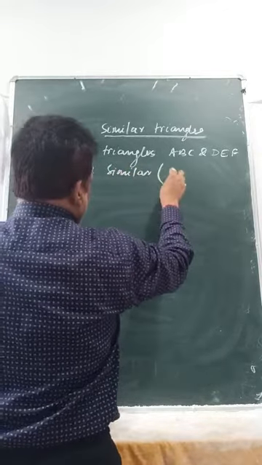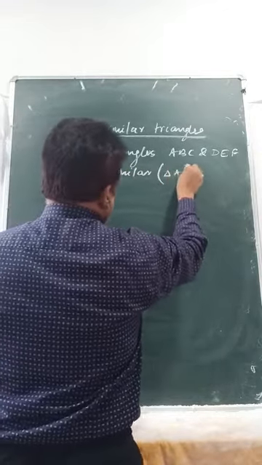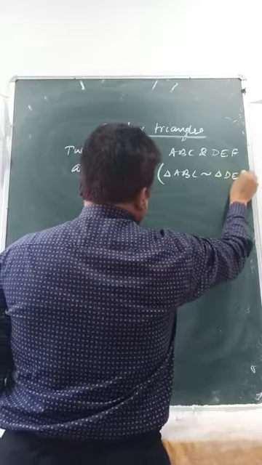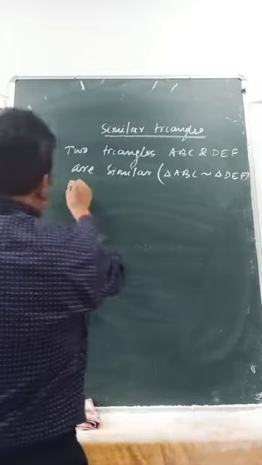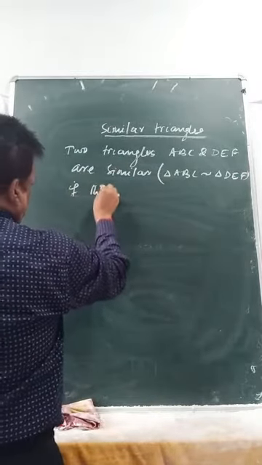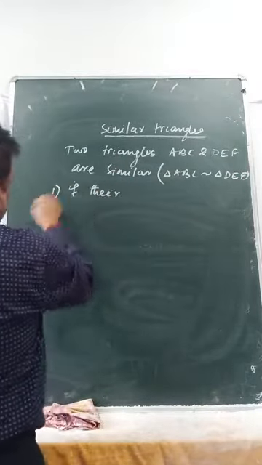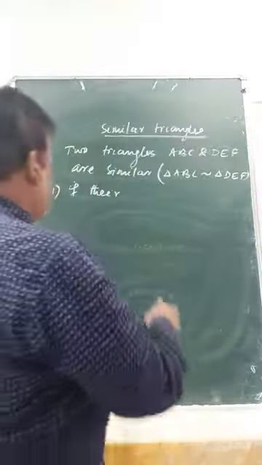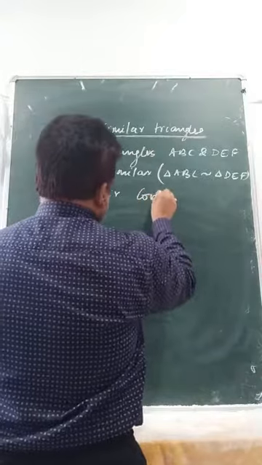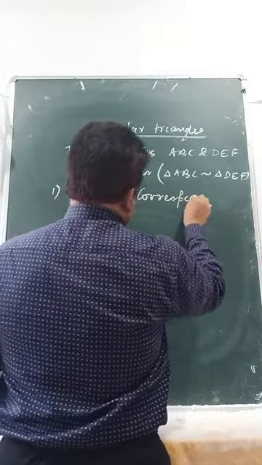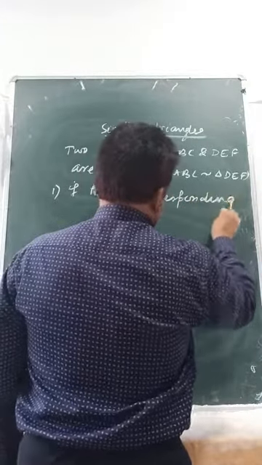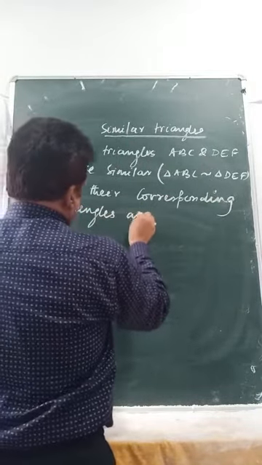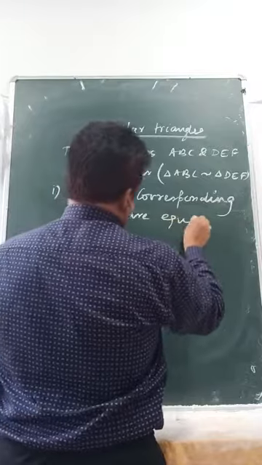What is the symbol? Triangle ABC similar to triangle DEF. If their first condition happens, then they are similar: if the corresponding angles are equal. Try to see.